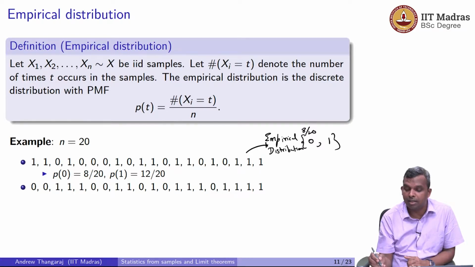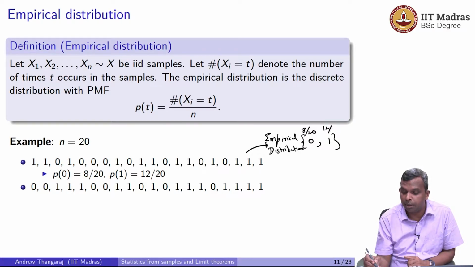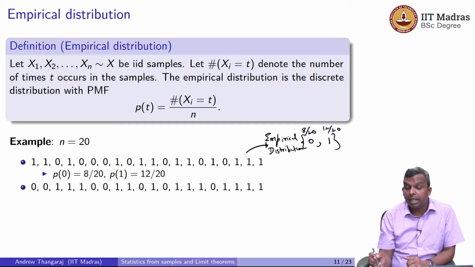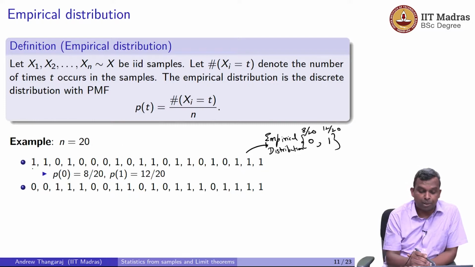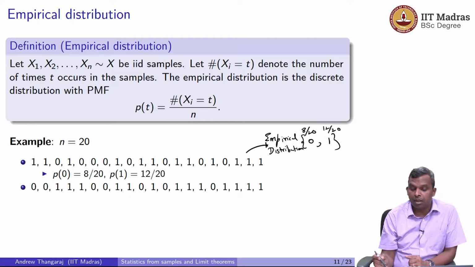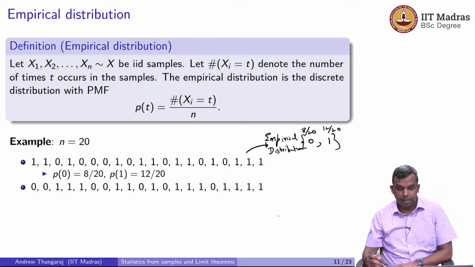And for 1, it's 20 minus 8, so that's 12 by 20. The empirical distribution takes two values, two outcomes, 0 and 1. 0 happens with probability 8 by 20, 1 happens with probability 12 by 20. And that came from the samples. Somebody gives you these samples, and you get this empirical distribution.